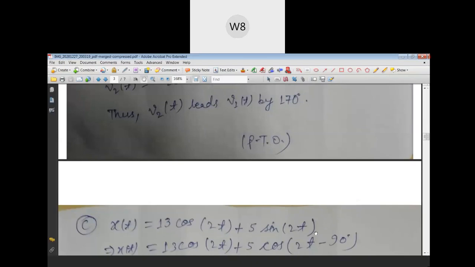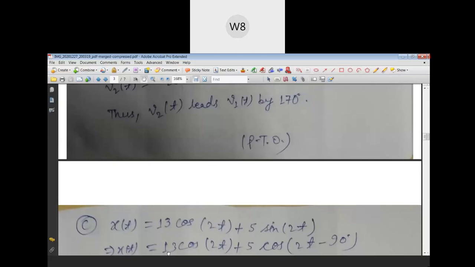So this has to be combined and a single cosine function has to be created. So we will convert the second function, the sine function, also into cosine form, which becomes 5 cos(2t minus 90 degrees).